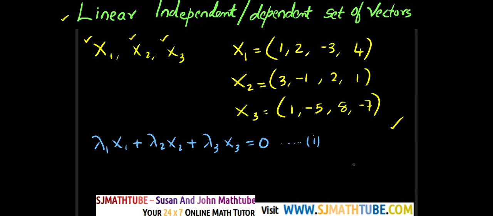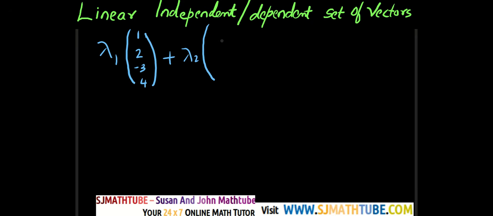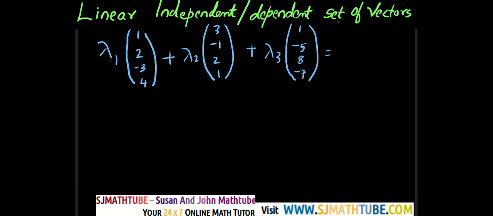Then you can write lambda 1 into, I strongly recommend you write it column-wise, (1, 2, -3, 4) plus lambda 2 times (3, -1, 2, 1) plus lambda 3 times (1, -5, 8, -7) is equal to the zero vector of the same dimension.